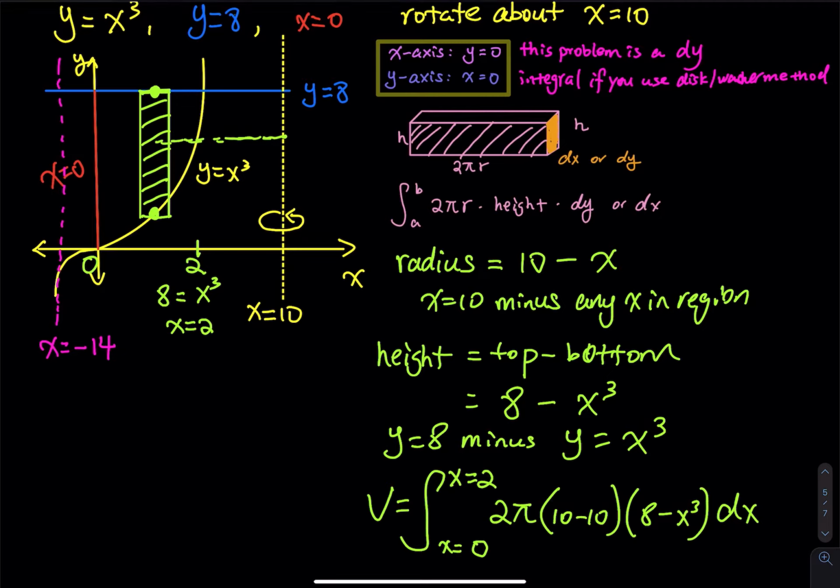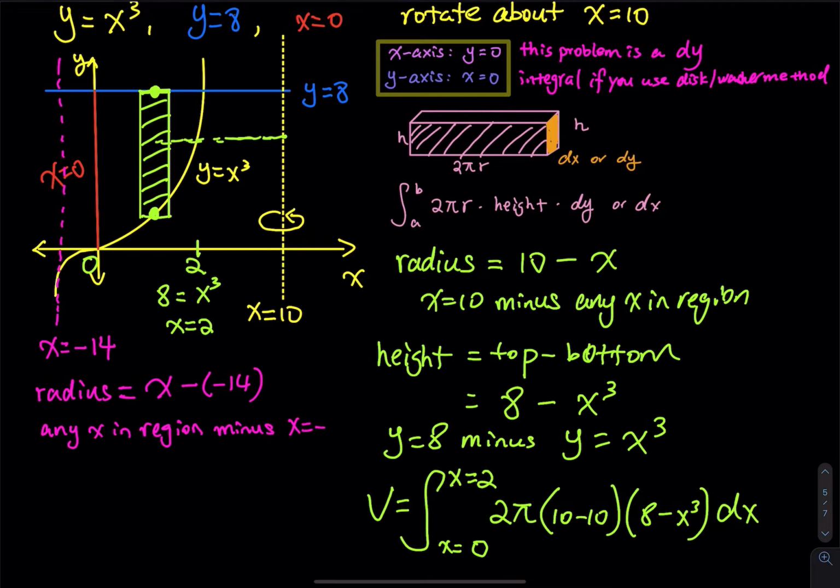When you find the radius this time, the radius is going to be right minus left. So this time it will be any x subtract the negative 14. So this is any x in the region minus x equals negative 14.